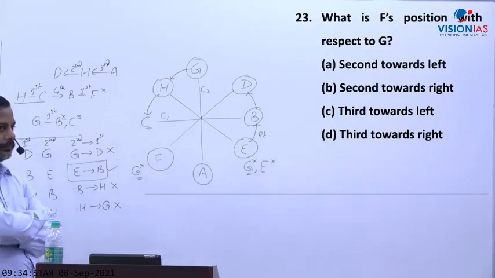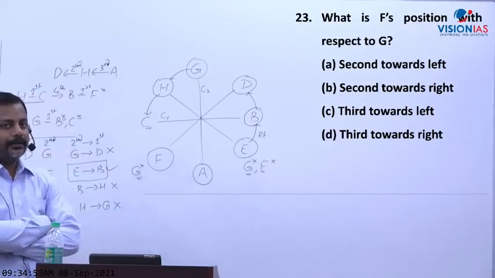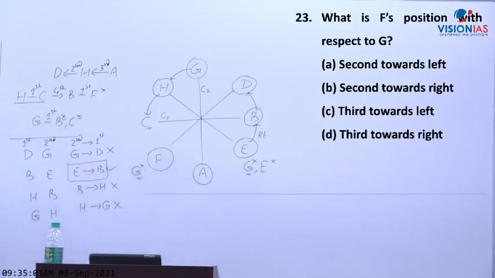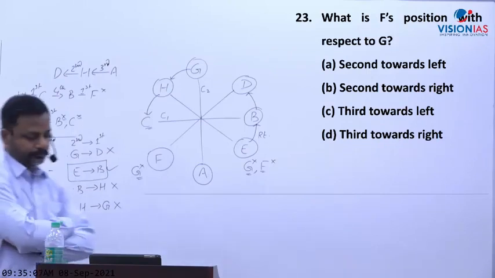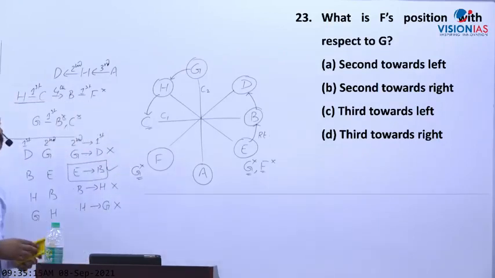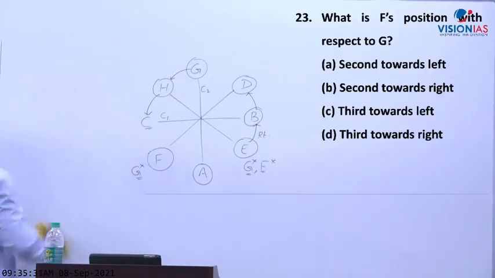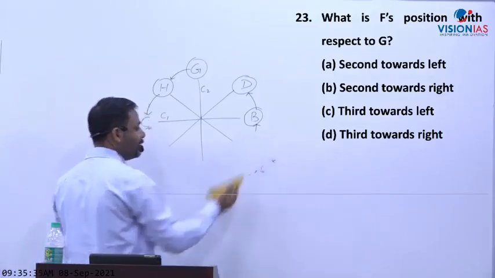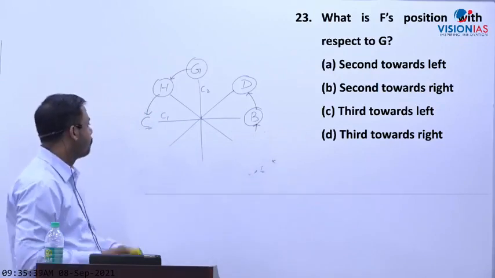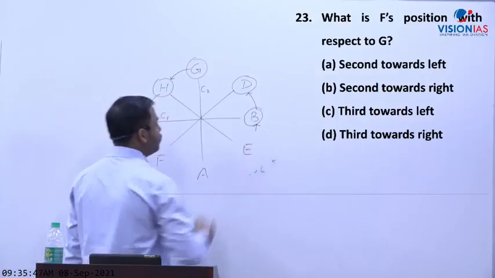Now, question 23. What is F's position with respect to G? So F was there, A and E. Okay.